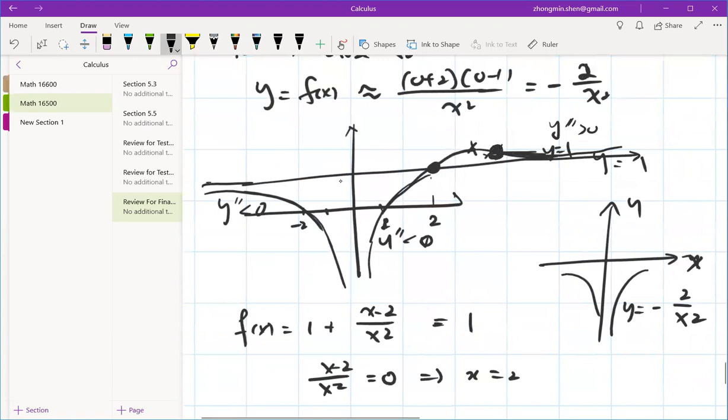So this is a point of inflection where the concavity changes. Otherwise, it does not approach the horizontal asymptote, right? Because once it goes through the horizontal asymptote and goes up, and you want to make it come back, you have to concave it down like that. Otherwise, it will have another intersection with the horizontal asymptote somewhere, right?